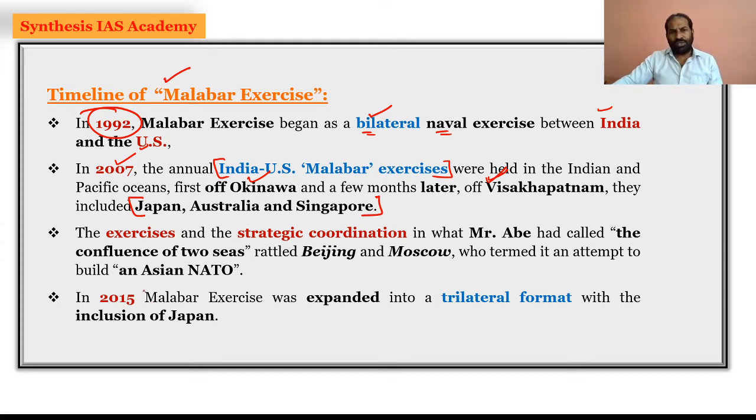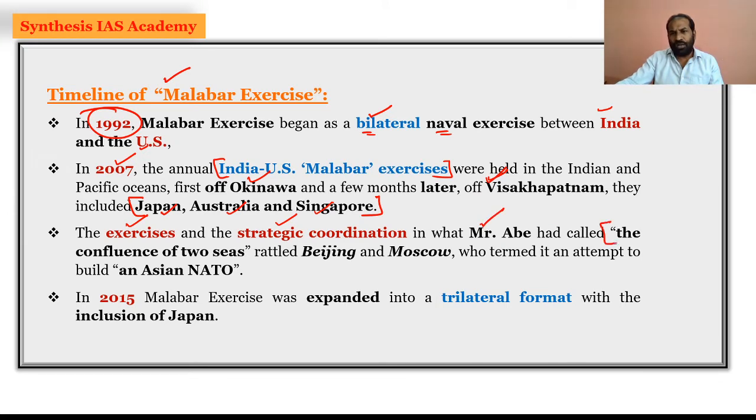Please do understand, in 2007 it took off on the Okinawa, Japan coast region, and then it went on again, the Malabar exercise on the Visakhapatnam coast, and then Japan, Australia and Singapore joined. And if you look at these exercises, definitely the main objective of Mr. Shinzo Abe was the exercises and the strategic coordination of Mr.